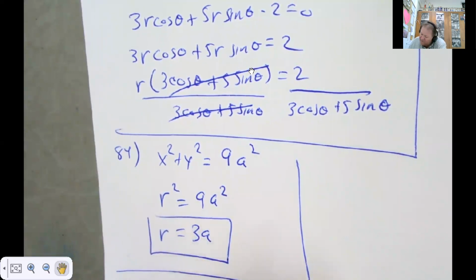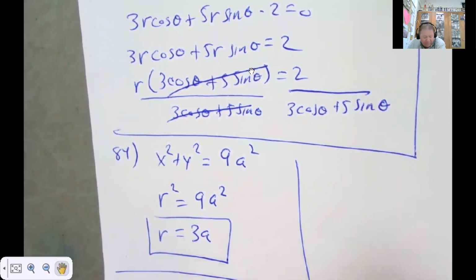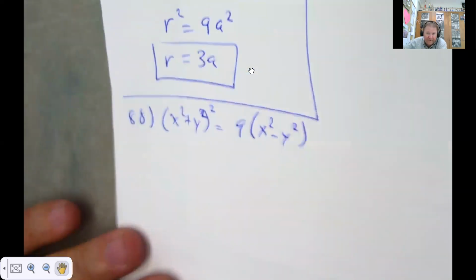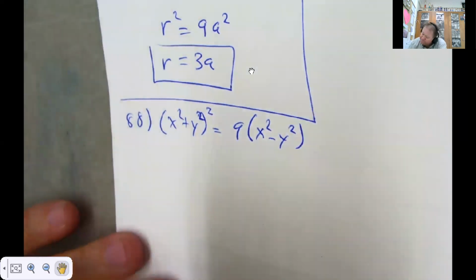is x squared plus y squared, squared, is equal to 9 times x squared minus y squared. Okay, I think I might have it. Here we go.